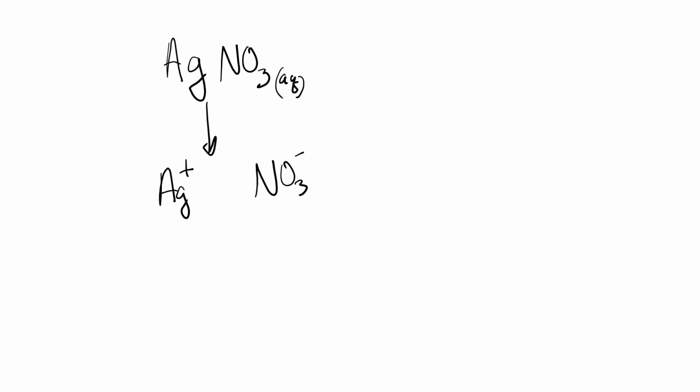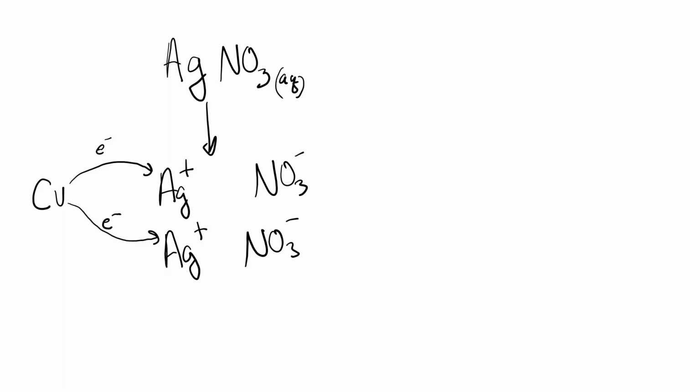So we put some copper in there, okay? And what's really going to happen is the copper is going to change. We're going to take some electrons from copper, and we're going to put them over onto the silver. It actually takes 2 silver ions for this to happen. An electron goes over to here, and it goes over to there. And what happens is the silver now becomes just silver.